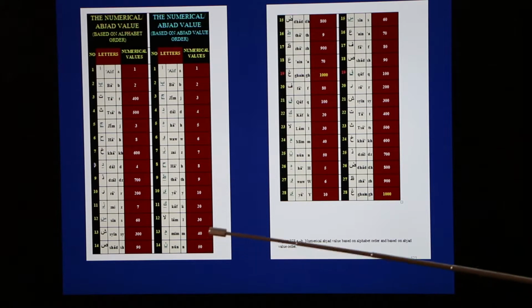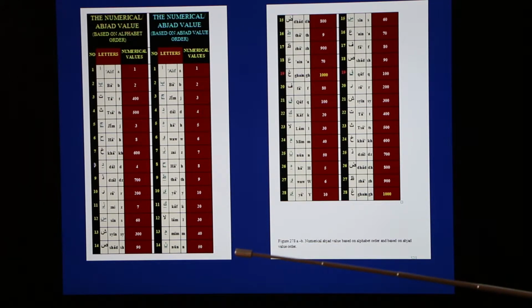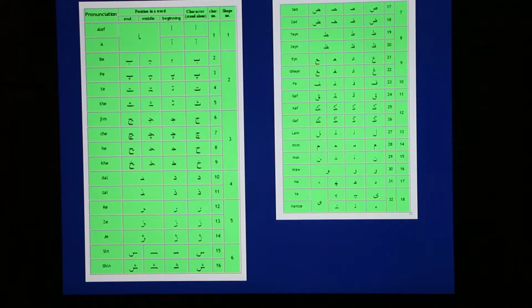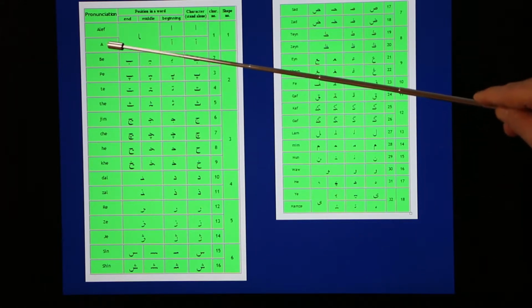But to argue that the Arabic alphabet is only an abjad is to miss the whole point of the history. And if we go to Persian, we see that Persian, instead of having 22 letters or 28 letters, has 32 letters, so it's closer to the Sanskrit, but the same basic principle.